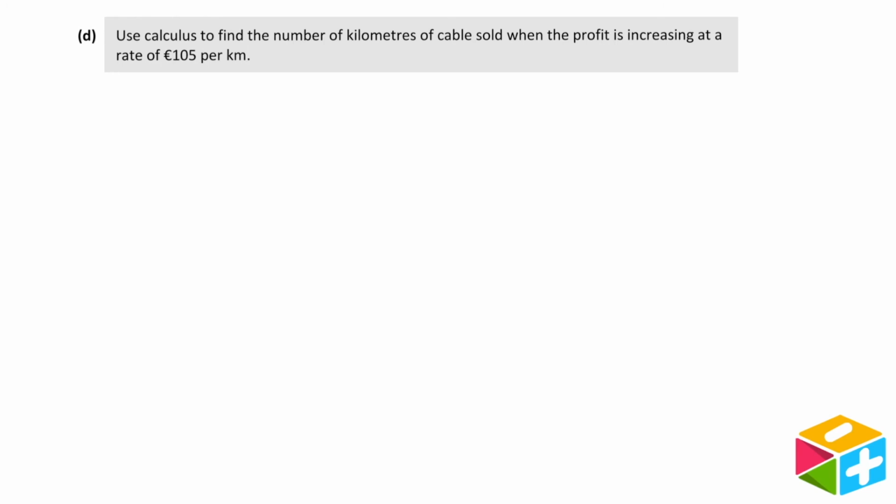Use calculus to find the number of kilometres of cable sold when the profit is increasing at a rate of €105 per kilometre. This question involves a rate of change. Specifically, we need to know when the profit is increasing at a rate of €105 per kilometre.